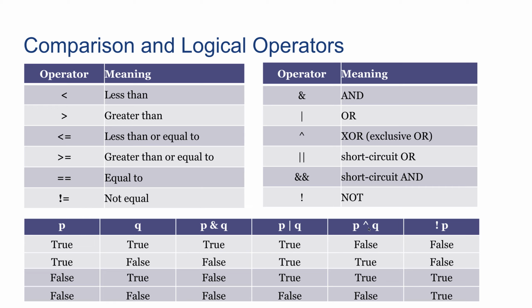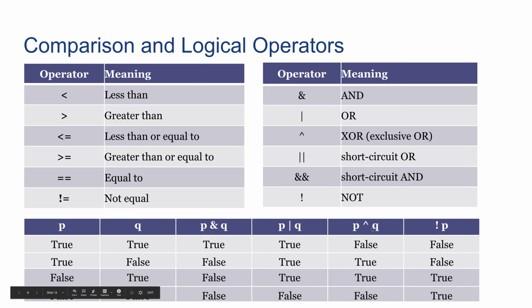And exclusive OR looks for one or the other, but not both. So if P is true and Q is true, it will return false. If one of them is true, so P is true and Q is false, or vice versa, it will return true.